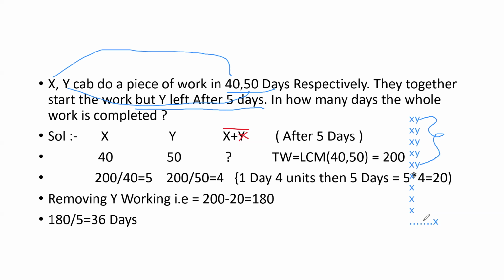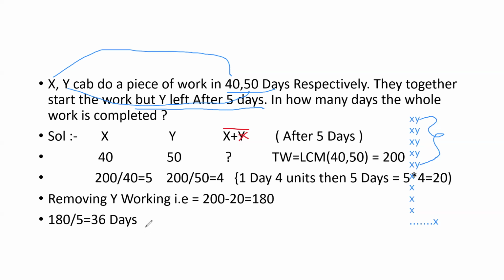These 180 units are done only by X. X can do 5 units of work in one day. Then 180 divided by 5 equals 36 days.